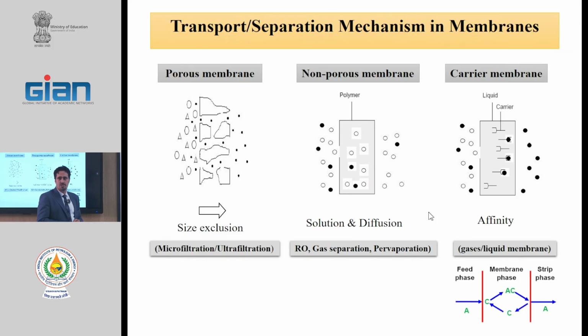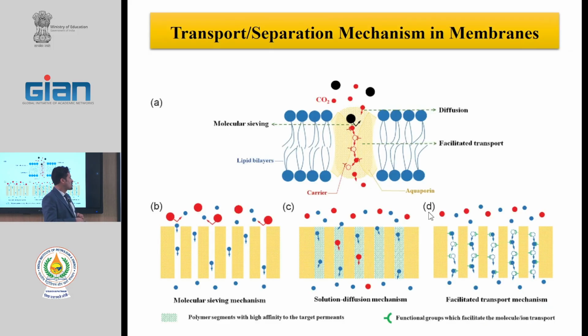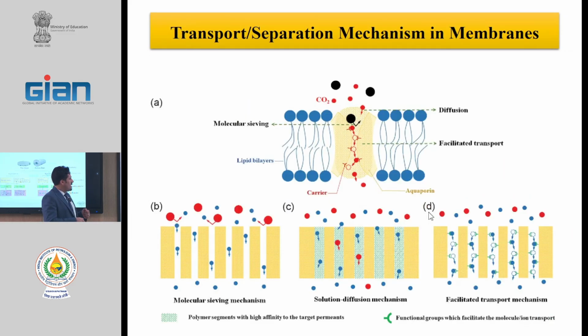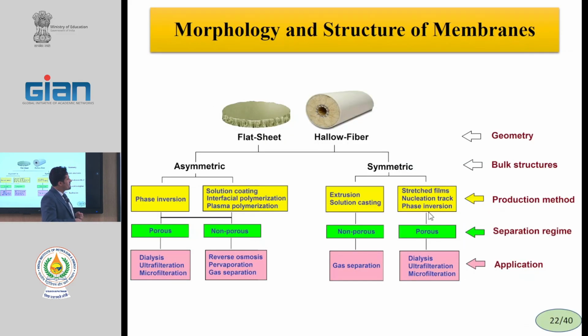Therefore, we generally have three important mechanisms in membranes: size exclusion, solution diffusion, affinity, and in some cases, the adsorption mechanism.